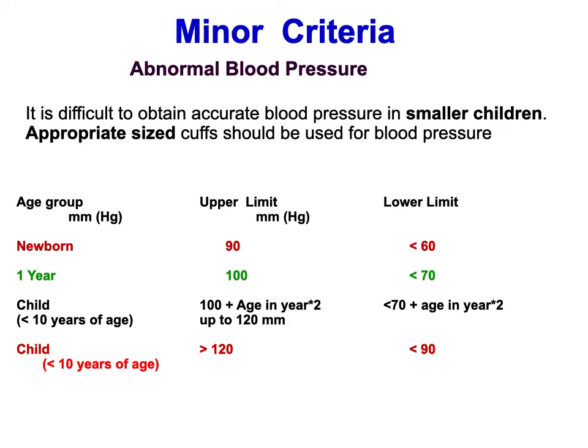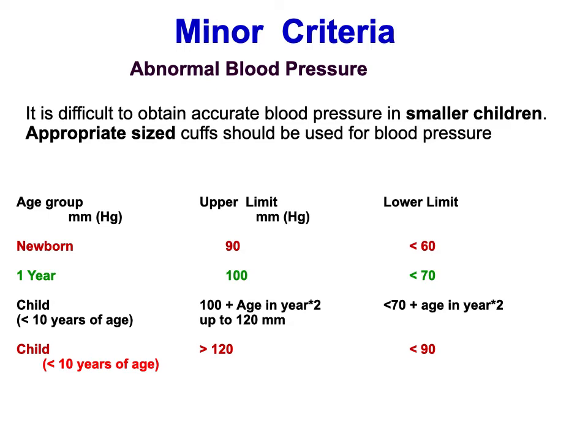The upper limit of systolic blood pressure is 90 millimeter of mercury. 1 year is 100. Newborn 90, 1 year 100. That's very easy to remember. From 2 years onwards, go on adding 2 millimeter of mercury per year. So till 11 years, it comes to 120 millimeter of mercury.